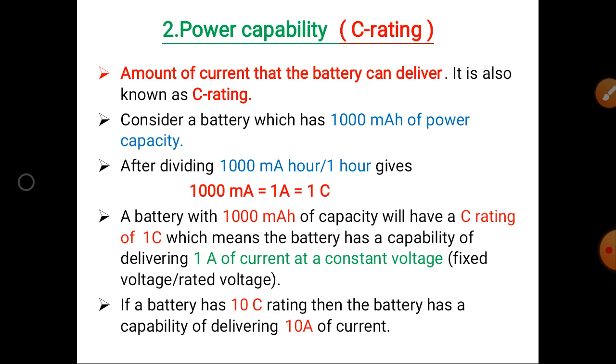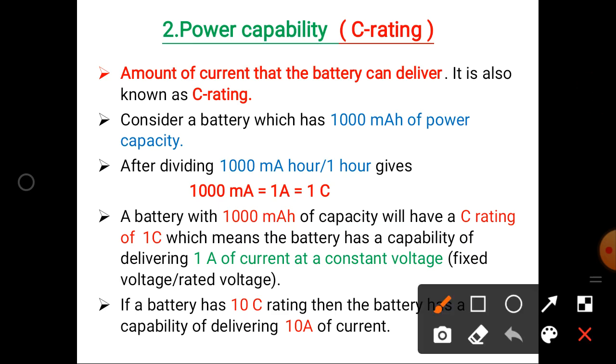So if you consider a battery with a rating of 1000 milliampere hour, that is the power capacity. After dividing the 1000 milliampere hour by 1 hour, we get the current rating, right?